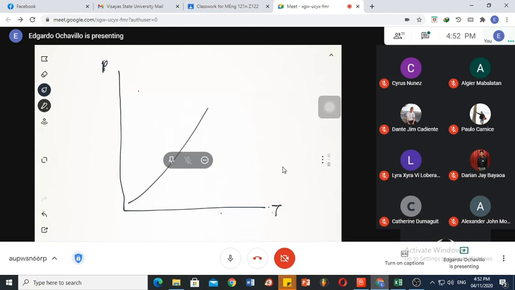P and T are dependent. If P is high, the temperature also will be high. This is the vapor pressure curve. So at a given P there is a given temperature if that is saturated. That applies only to saturated states.